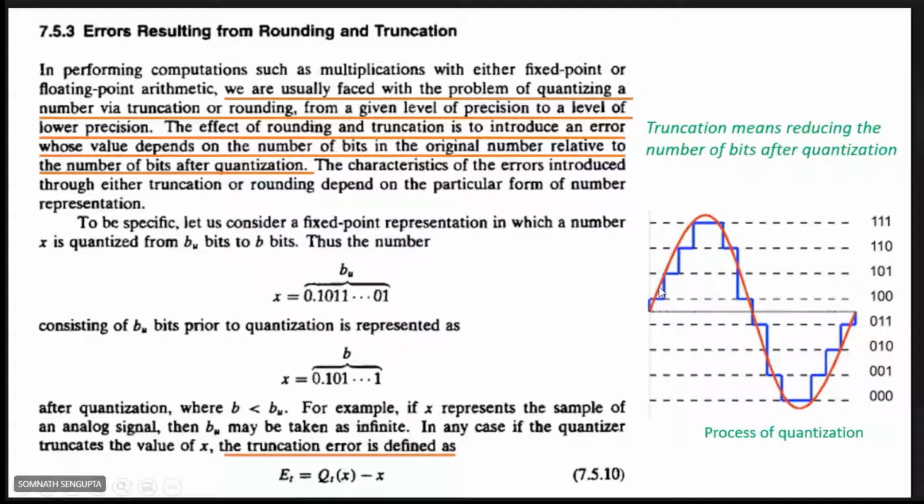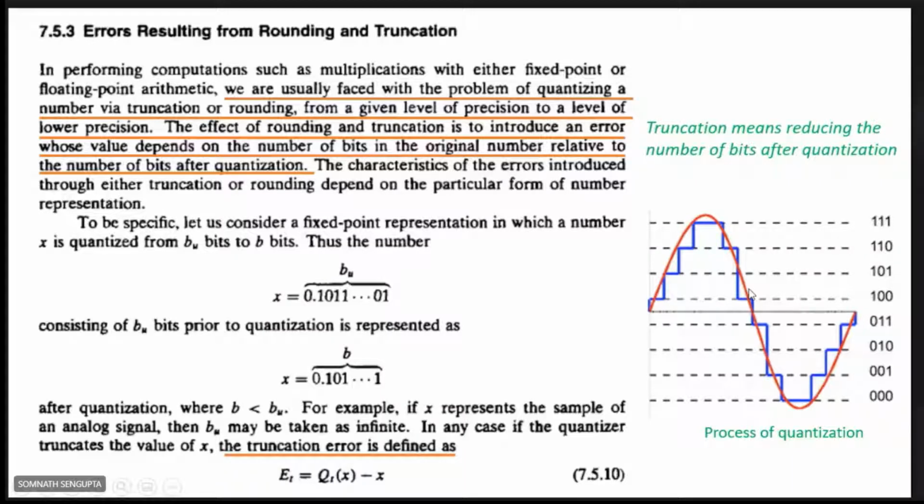We decide which one will be taken, either the next number or the previous number. That means, say one number exists between 100 and 101 in the analog domain. We will see which value will be assigned, 100 or 101.